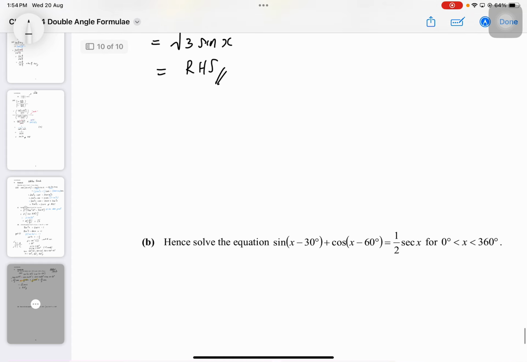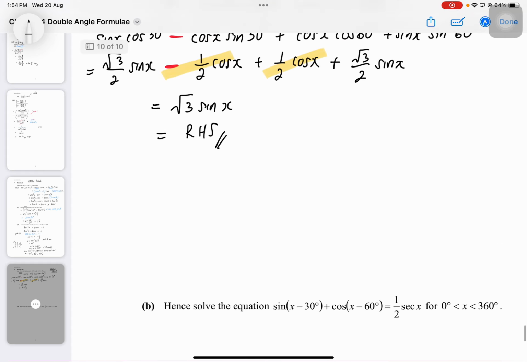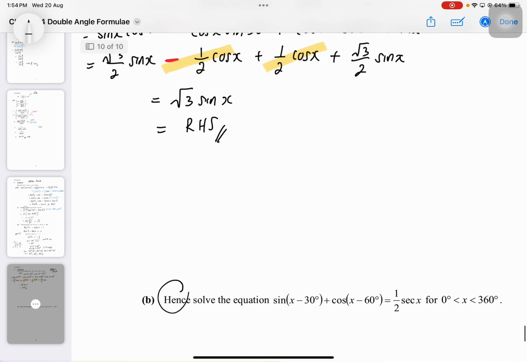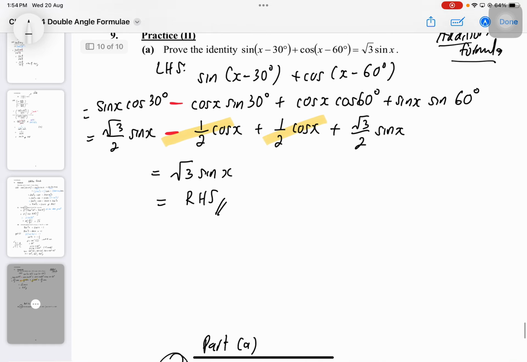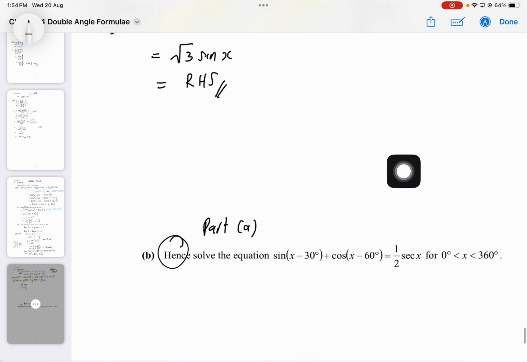Alright, let's go to the next question. Hence solve this. So if they tell you hence, you have to look at part A. Do you see the connection between above and part B? What happens in the left hand side? Is it exactly the same? Sin x minus 30 plus cosine x minus 60.